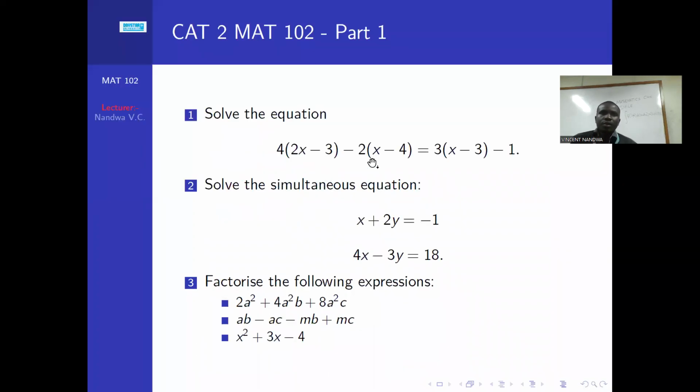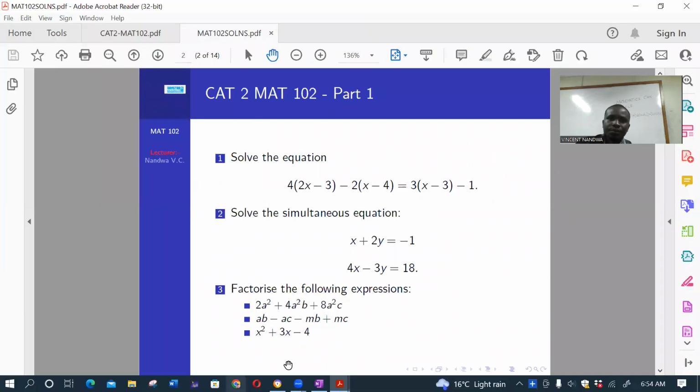Number 1 was to solve a linear equation, and then the second problem was to solve simultaneous equations. And then number 3 was to factorize the given algebraic expressions. So let's go through each of the problems one by one and see what you were supposed to have responded to these problems.